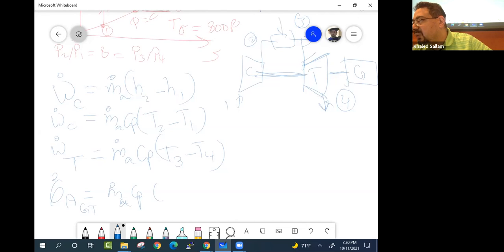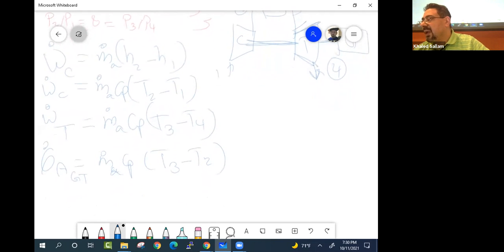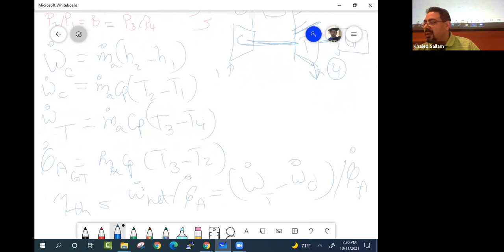This is where we put the fuel. So Q added is how much? T3 minus T2, right? And the efficiency, eta thermal for the cycle, will be work net over Q added. Work net would be work turbine minus work compressor, divided by Q dot. Make sense?